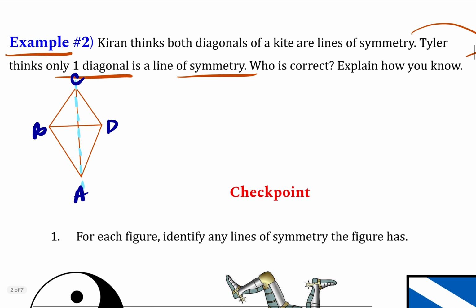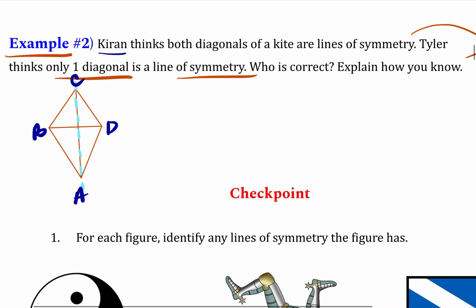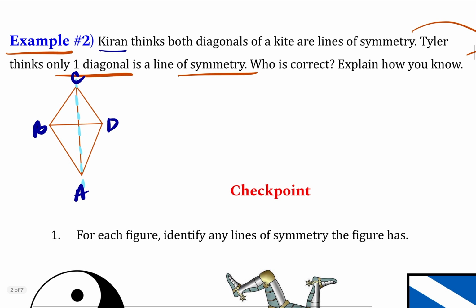So who is correct? Oh, wait. Kieran thinks there's both. Tyler thinks there's one.